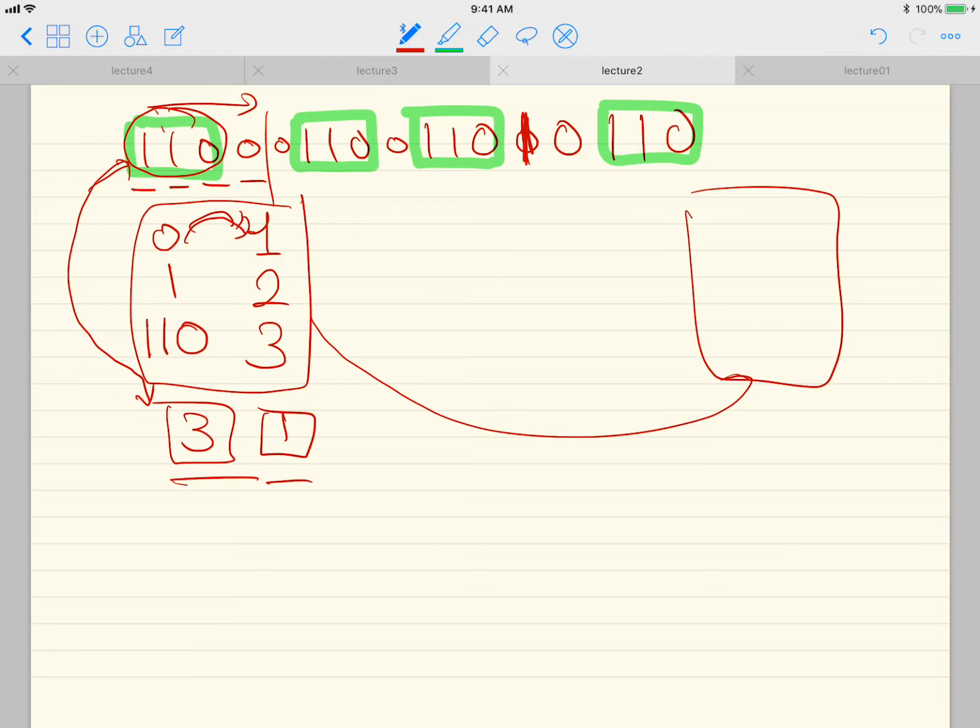So we share this dictionary in advance. So the receiver side will know that this 3 corresponds to 110, and then they decode it into the original bit sequences like this, right? By just referring to this code book, right?